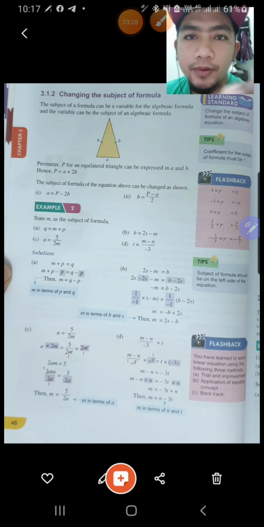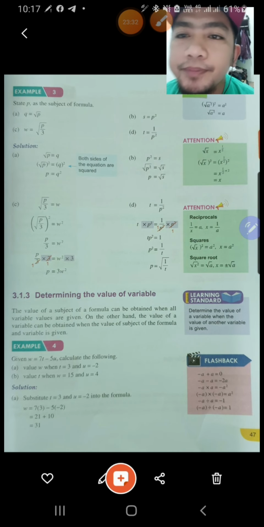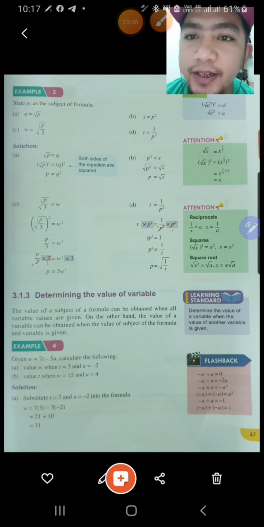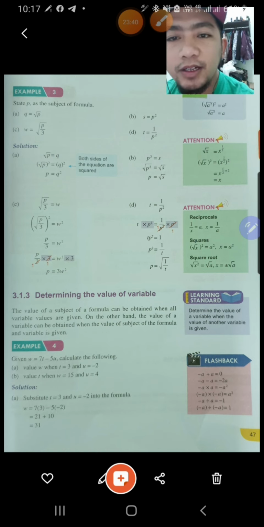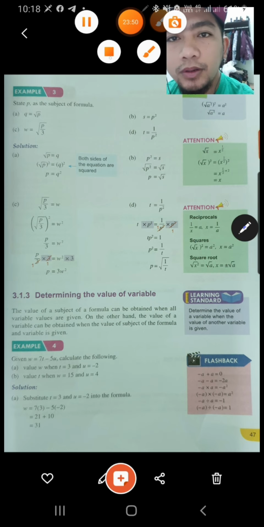Okay, alright, let's continue. Example 3, state P as the subject of formula. Okay, I will not use the way in the textbook, actually it's the same. Okay, so now P as the subject of formula.